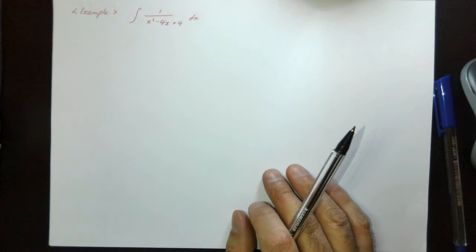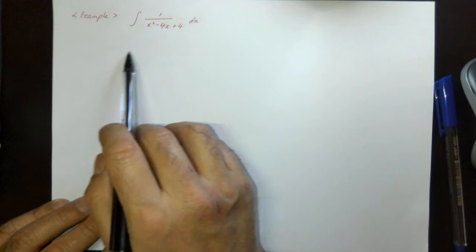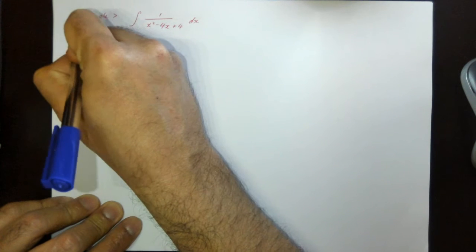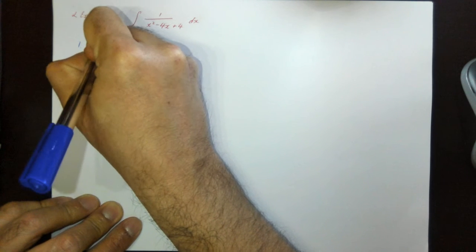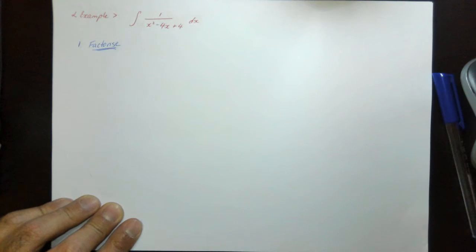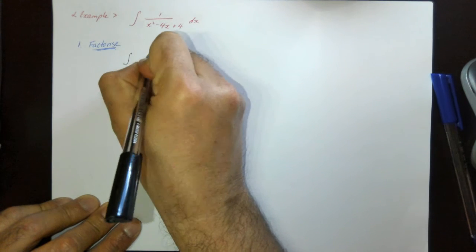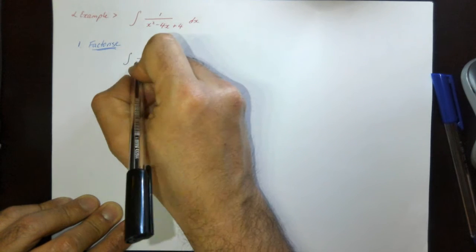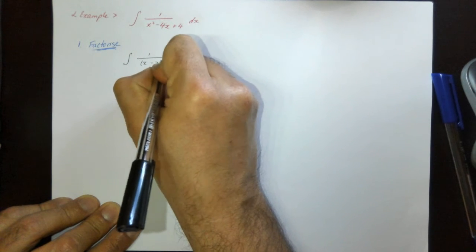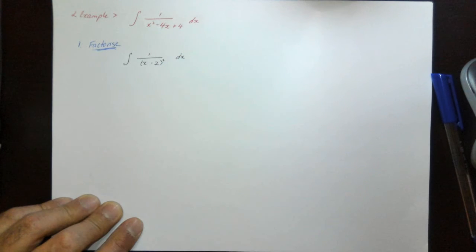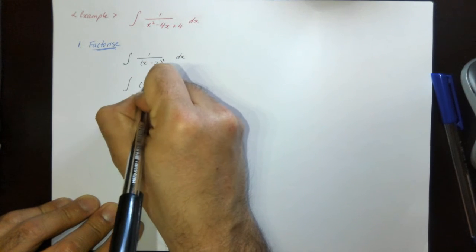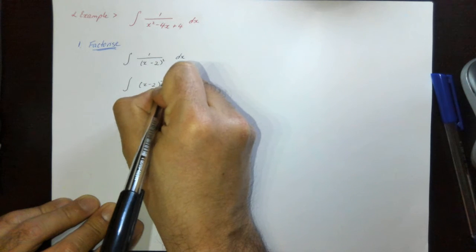All right. So when we look at something like this where you have a quadratic on the denominator, the first step is to see if you can factorize. So here I have x minus 2 all squared. Okay, that's great because that can be written as x minus 2 to the power of negative 2.